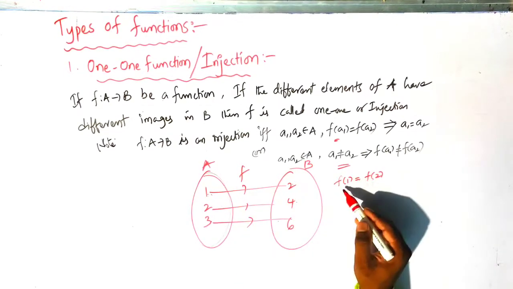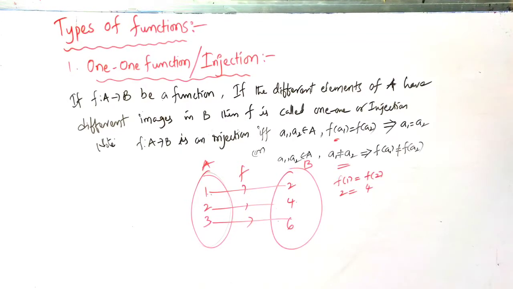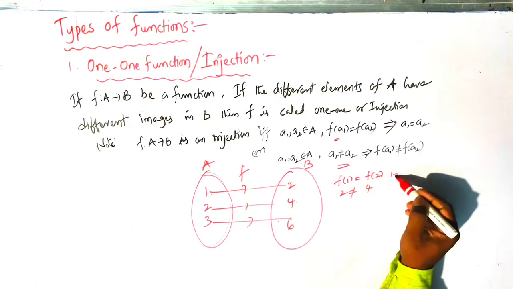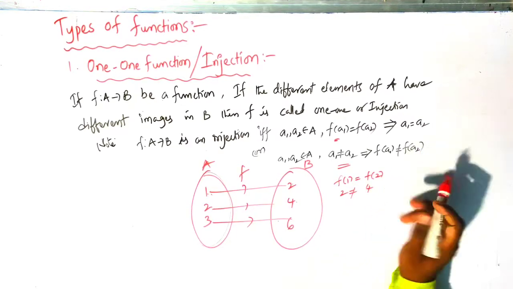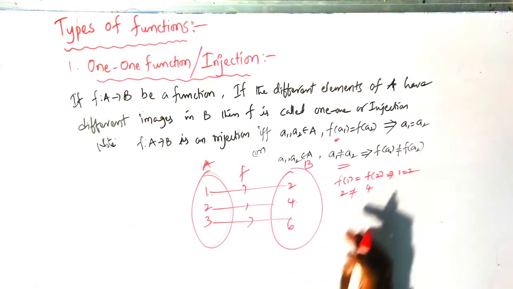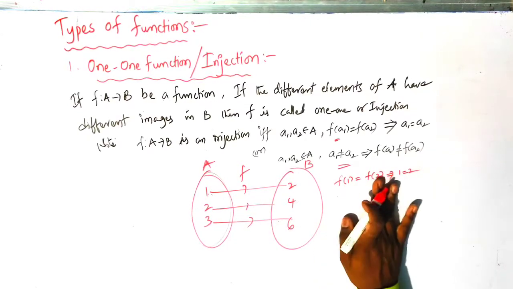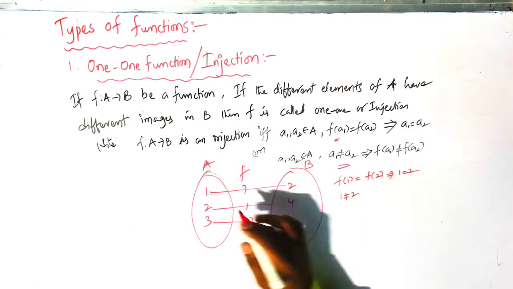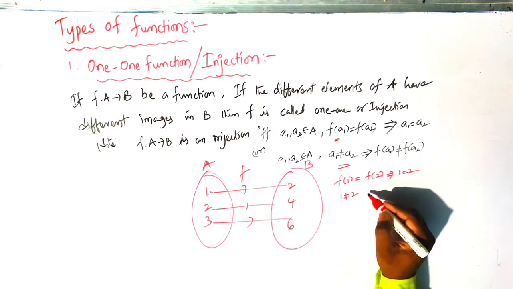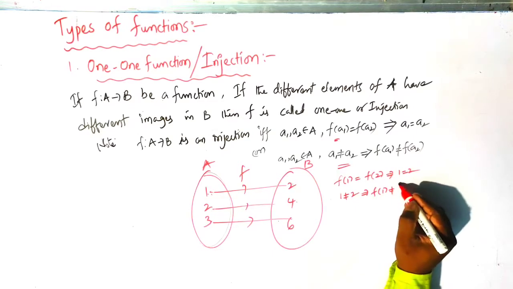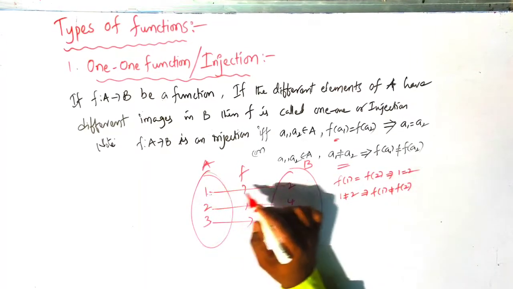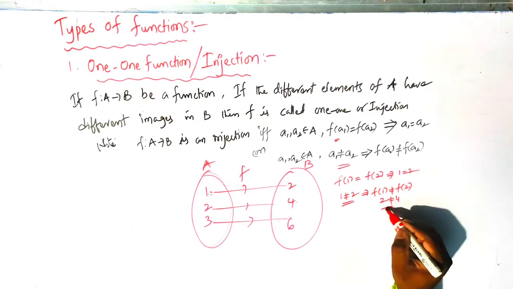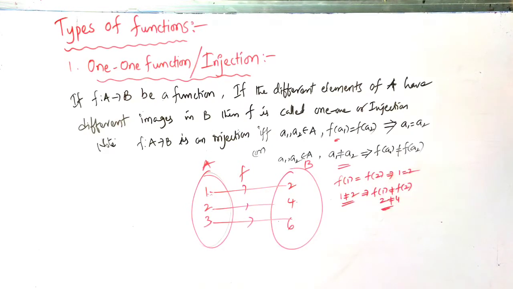No: f of 1 value is 2, f of 2 is equal to 4. So both are not equal. Therefore 1 is not equal to 2 automatically. Okay, clear? Right? So that implies 1 equals 2 would hold only if images were equal. Clear? So in this case, since these are not equal, the second condition is possible. See, 1 is not equal to 2, and since these two are not equal, that implies what? f of 1 should not equal f of 2. What is the value of f of 1? 2, not equal to f of 2, whose value is 4. So 1 not equals 2, so that's why their images are also not equal.